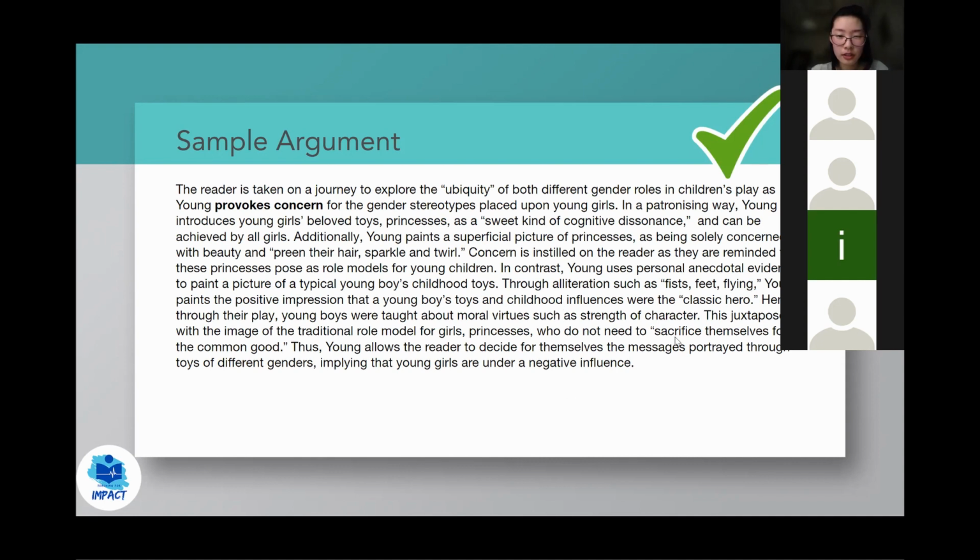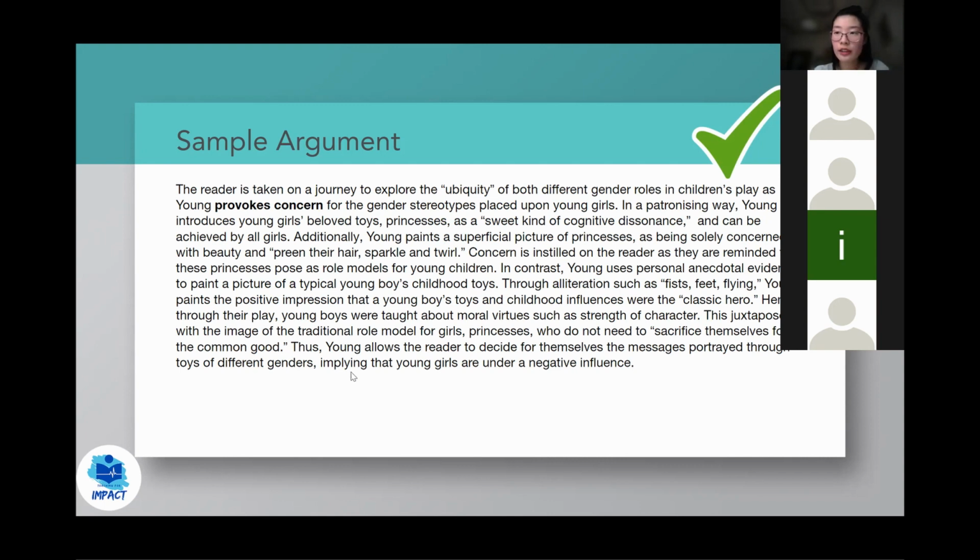So this sentence, I would highlight, juxtaposes with the image of the traditional role model for girls, and then talks about this particular quote where they sacrifice themselves for the common good. Cool.